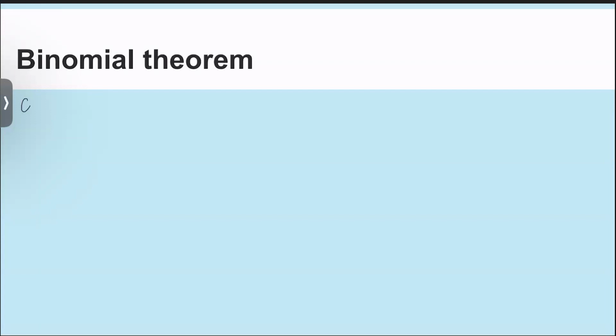So the first question, as we had seen when we started the binomial theorem chapter: say if we are asked to evaluate numbers like 101 raised to 5, or 98 raised to 6, or 104 raised to 4. These kinds of evaluations are very difficult because obviously the number itself is very, very high.